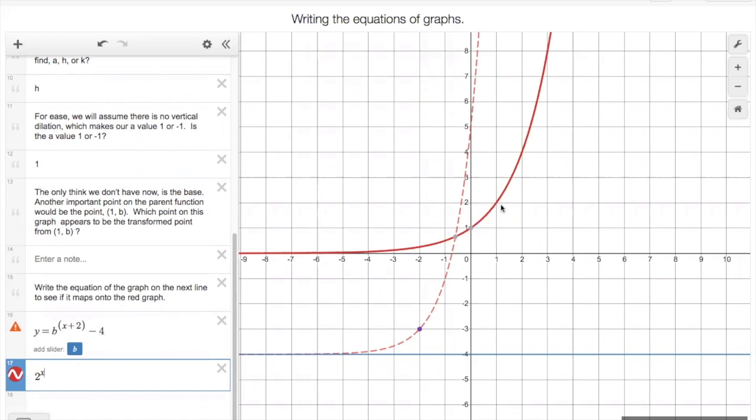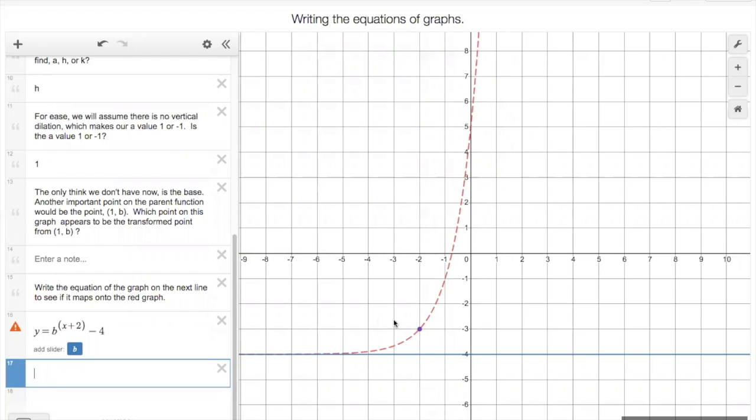So 2 to the x gives me the point 1, 2. 3 to the x gives me the point 1, 3. 4 to the x gives me the point 1, 4. And it's always going to be that point to the right of the y-intercept, or in this case, the point that was transformed from the y-intercept.